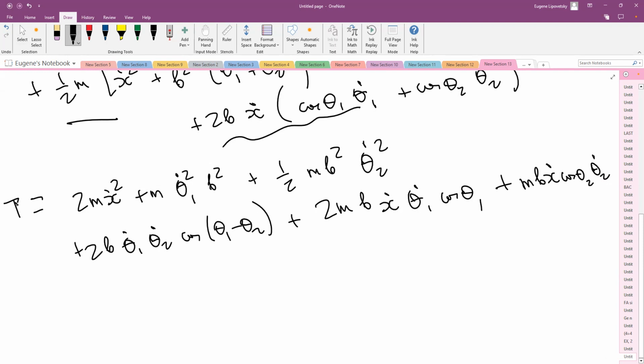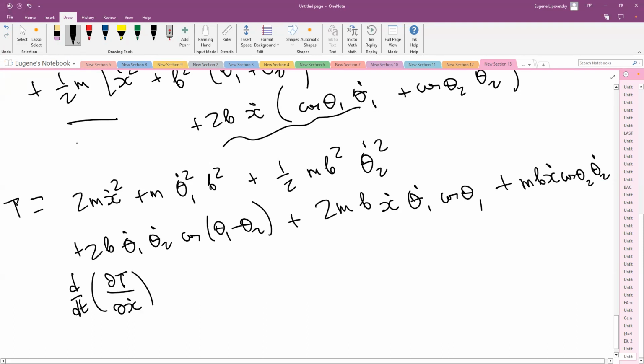So then you will need to do d over dt of dL, actually, we can put not L, we can put the T directly, dT over dx dot minus dL over dx.